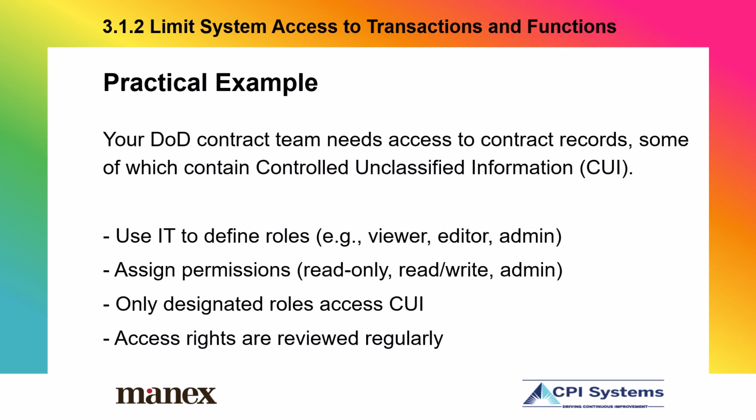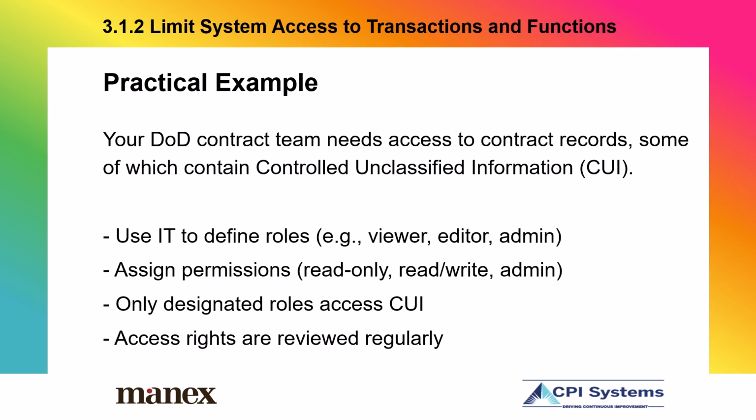Let's look at a practical example. Your defense contract team needs access to contract records, some of which contain controlled unclassified information. What do you do? Collaborate with IT to define fine-grained roles and assign the least privileges necessary to access or modify records.